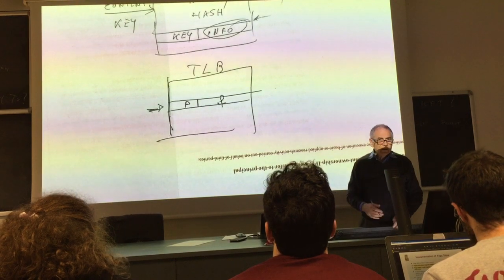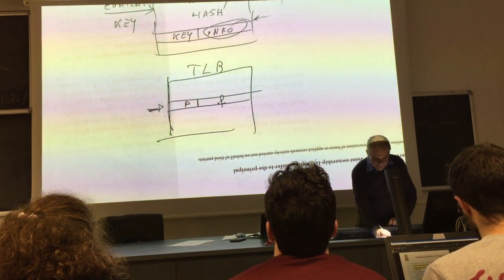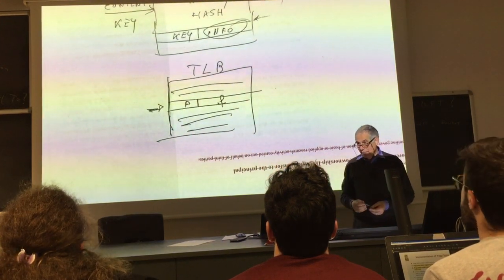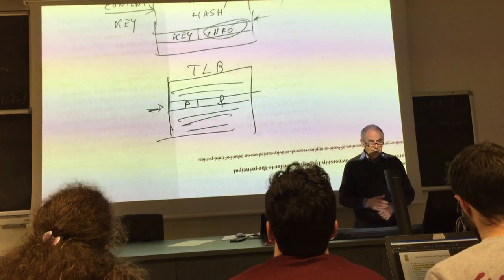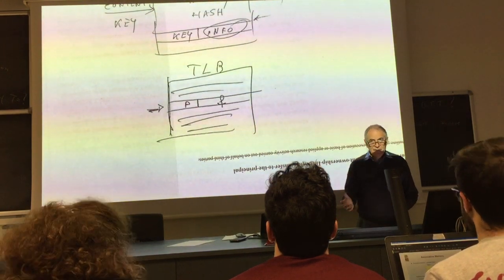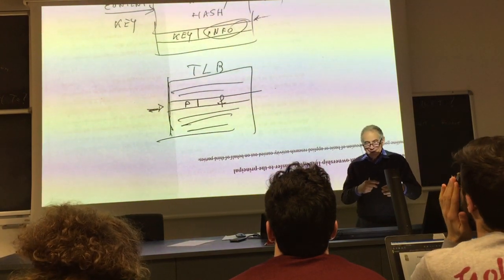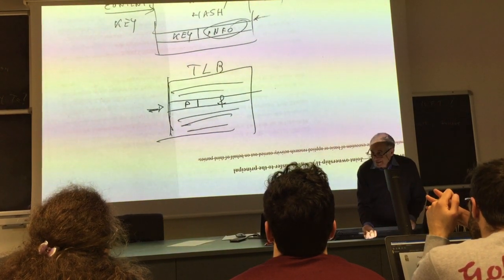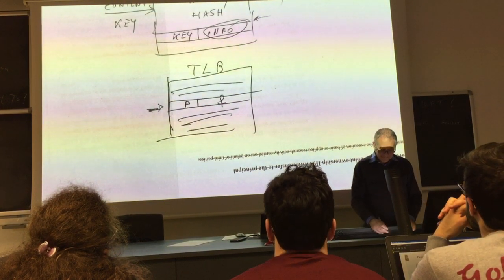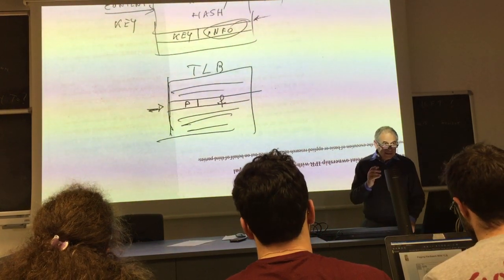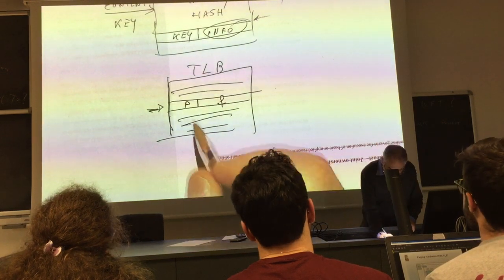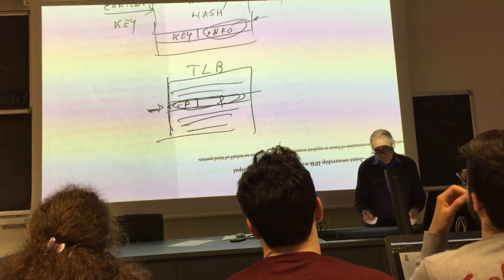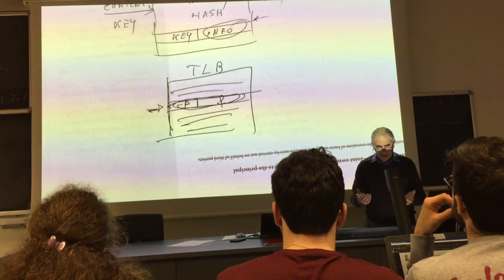Of course, since the number of these lines is small with respect to the pages that you can keep in memory, this TLB in the long run, in the short run also, will be filled by entries, okay? So you have to replace some of these entries. But if you use P, you will always go here, maybe with a hash table.